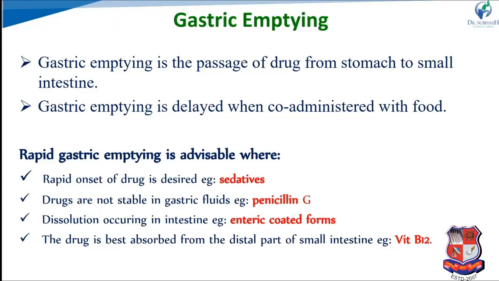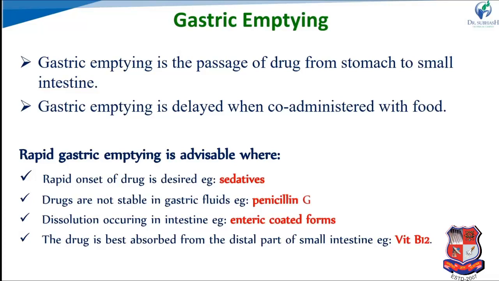Gastric emptying means the passage from the stomach to the small intestine, meaning the content present in the stomach is transferred to the small intestine. We call that process gastric emptying, the rate at which it occurs is the gastric emptying rate, and the time required to completely transfer the food present in the stomach to the small intestine is the gastric emptying time.